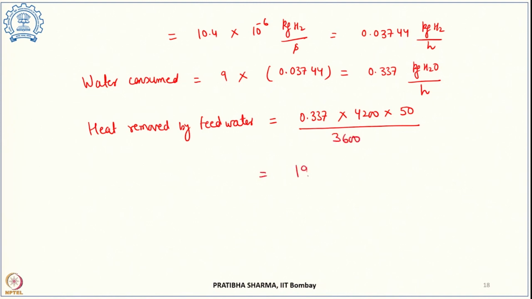So, this is 19.66 watt. This much heat is being removed by the feed water in the electrolytic process. So, these are some of the simple problems that we have seen in this tutorial which were based on water electrolysis. Thank you.